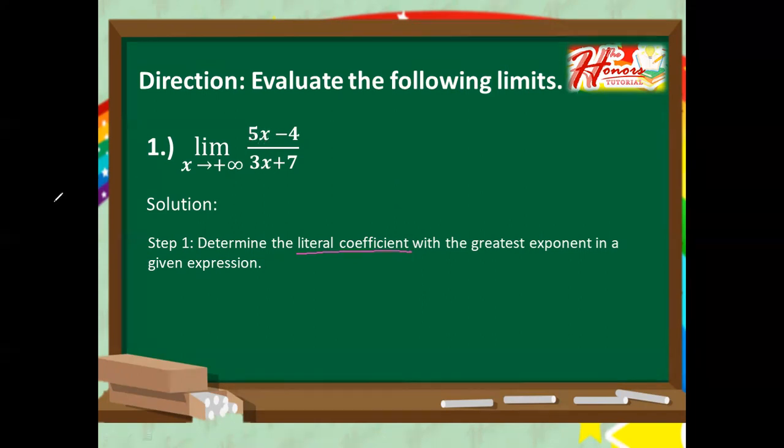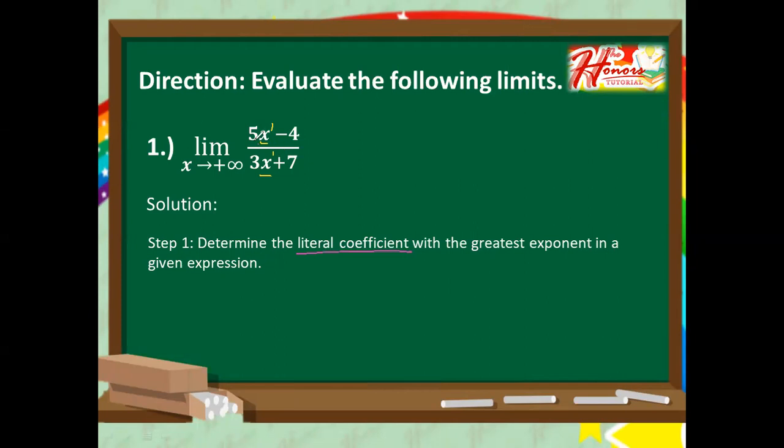So in here, as you can see, we have here x and x. What is the exponent? Okay, the exponent is 1 here. But we cannot see any exponent, right? It is because when the exponent is 1, we are not writing it.